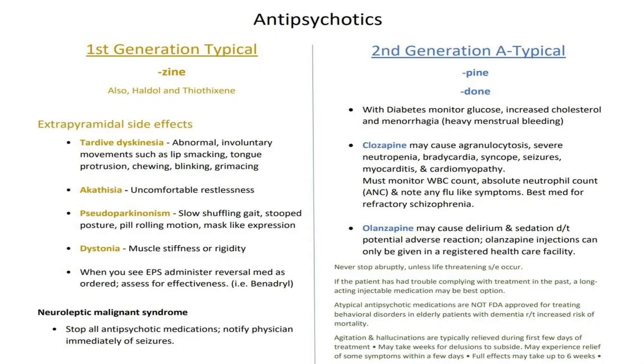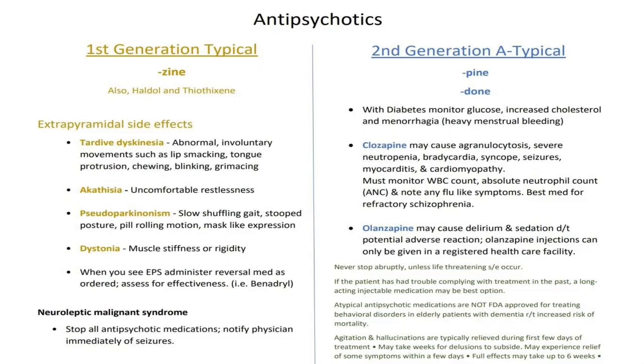If this occurs, you need to stop all antipsychotic medication and notify the physician immediately. This comes on rapidly. The symptoms cascade very quickly. It presents with high fever and confusion, and that's something that needs to be reported right away. Haldol specifically is known to cause neuroleptic malignant syndrome when given in high doses.